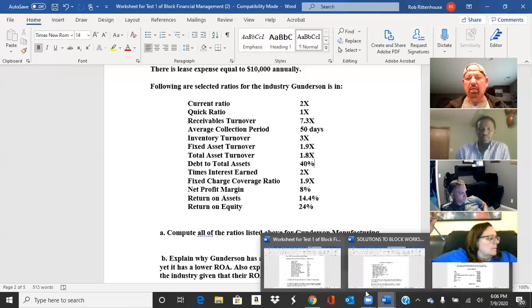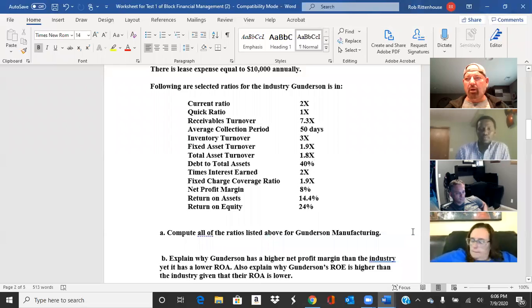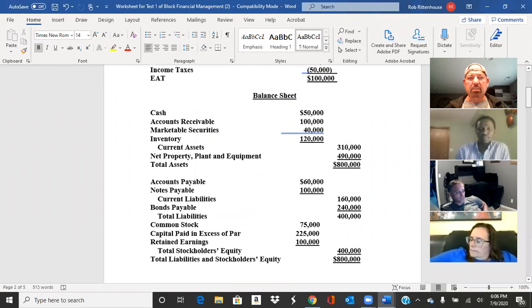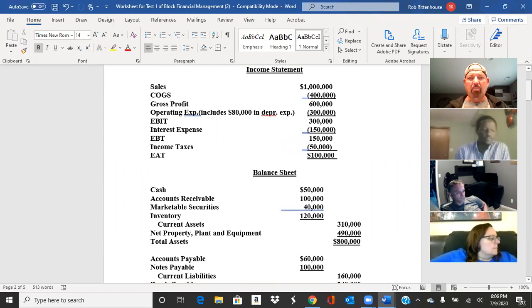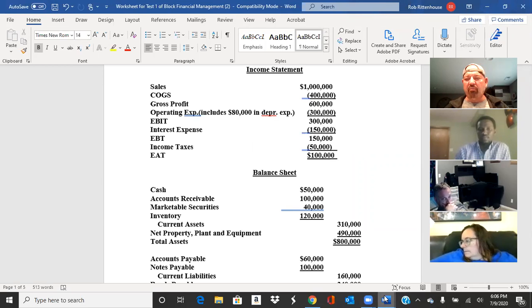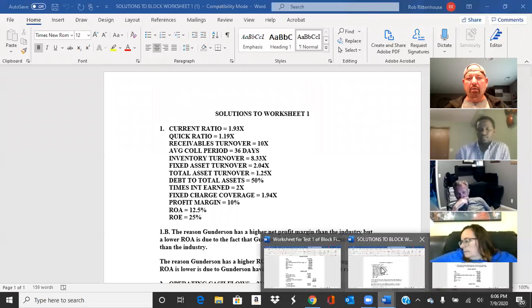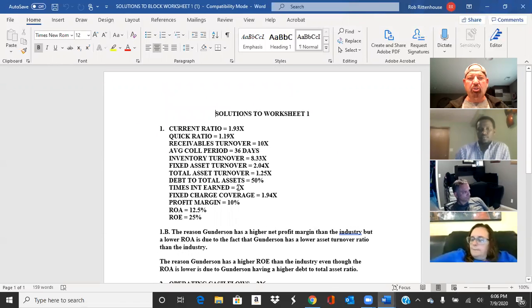Remember, that's EBIT, earnings before interest and taxes, divided by interest expense. Well, we see up here in the income statement, EBIT is 300,000. Interest expense is 150,000. So 300,000 over 150,000 gives us 2 times as the times interest earned ratio.